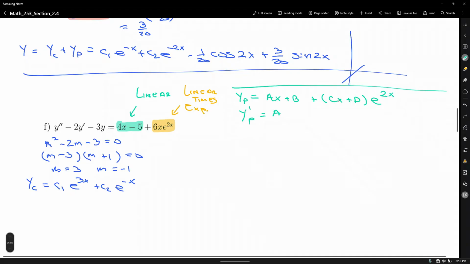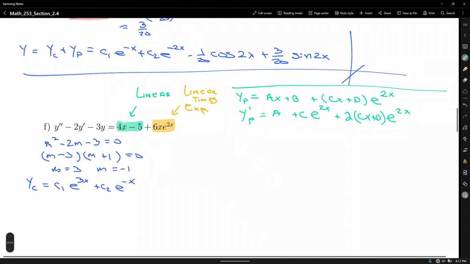The derivative of the linear cx plus d, which is c, times the exponential e to the 2x, plus the derivative of the exponential, e to the 2x times 2, but I'm going to write the 2 in the front and multiply cx plus d. So that's the product rule in action, and that's just the first derivative.